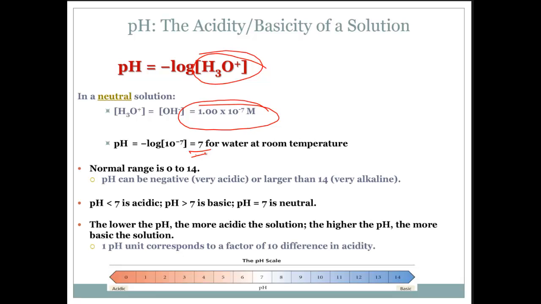This is neutral. To put that into your calculator, my calculator may be slightly different than yours, but for what I have to do for my calculator, I put 1 EE negative 7, then I push the log button, and then I take the opposite sign of that. And that's where that negative comes in.